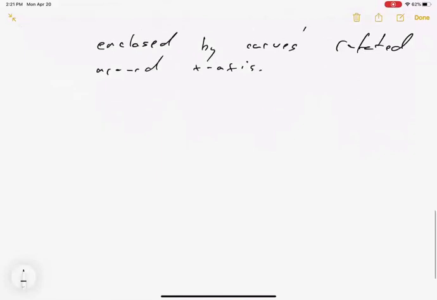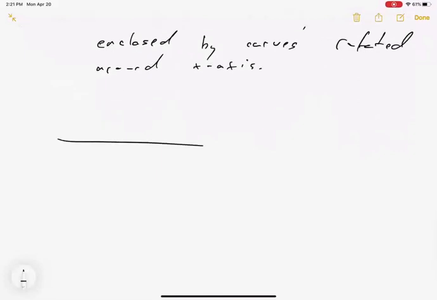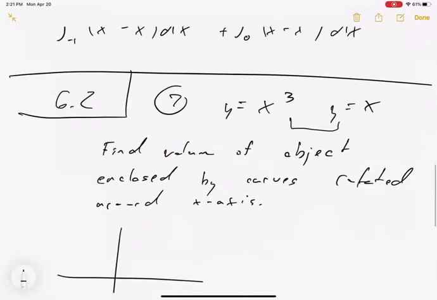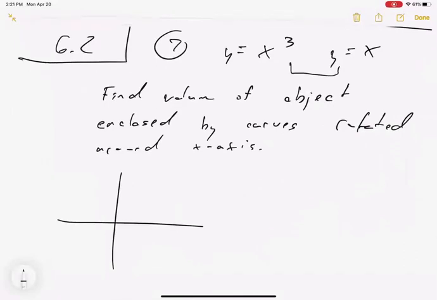So again, first step, drawing our initial region. Y equals x cubed, and we want x greater than or equal to 0. With this extra condition, my region just looks like this shaded region.